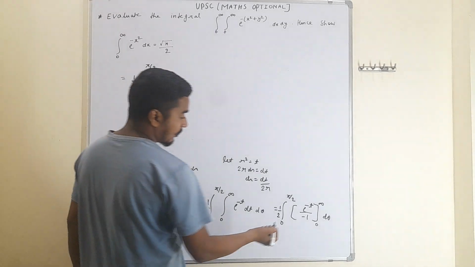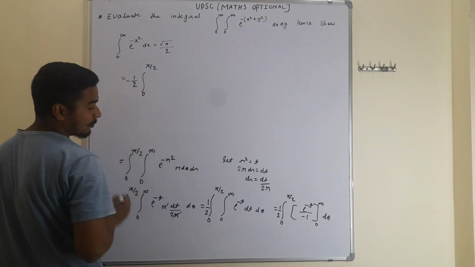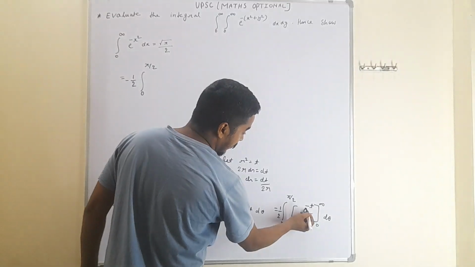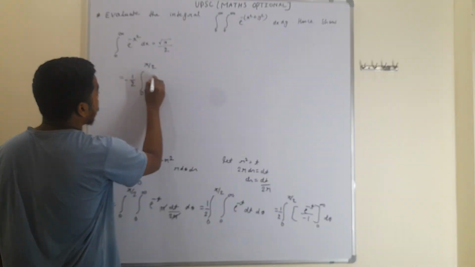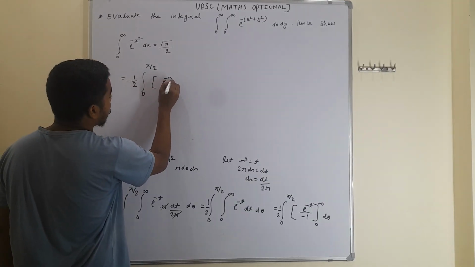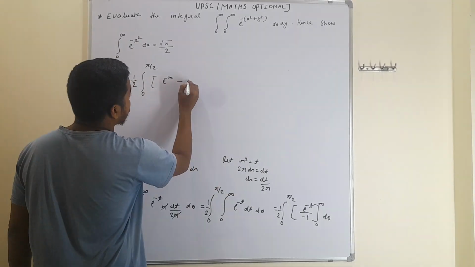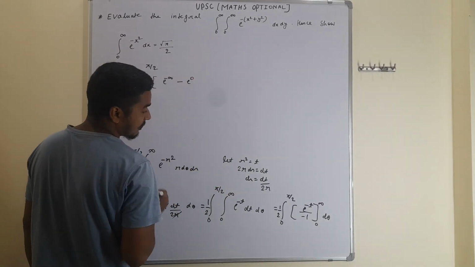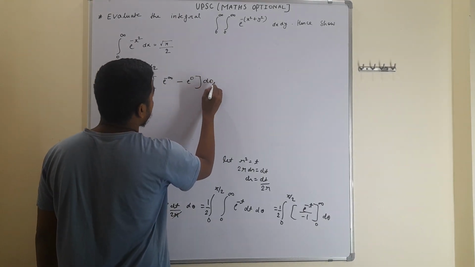Minus 1 is common out, that is minus of 1 by 2. Putting the upper limit, e to the power minus infinity, minus e to the power 0 on putting the lower limit, d theta.